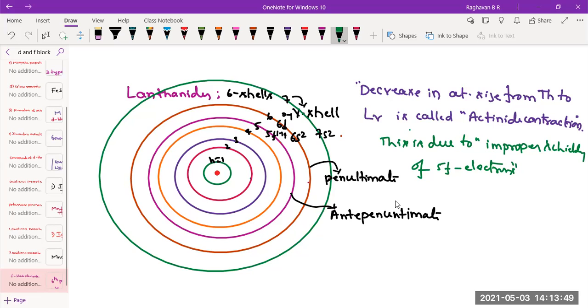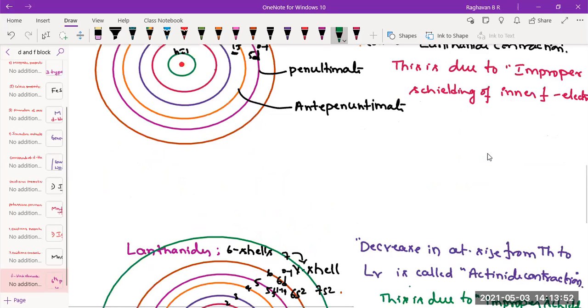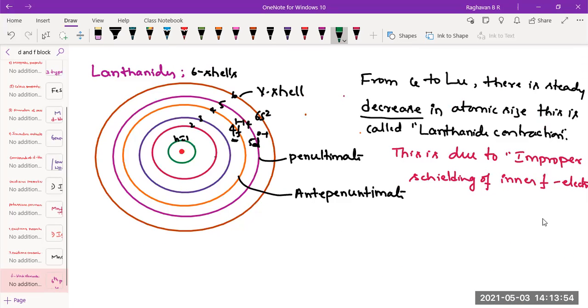The net decrease of atomic size in both lanthanide and actinide contraction is around 0.22 angstrom. Radius decreases by 0.22 angstrom from cerium to lutetium. Even from thorium to lawrencium, it is almost of the same order. Now, what are the repercussions of lanthanide and actinide contraction?